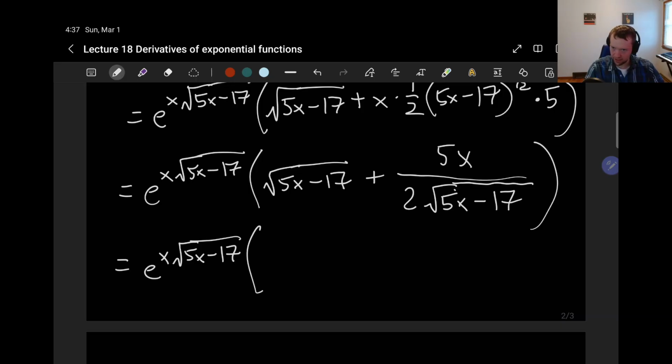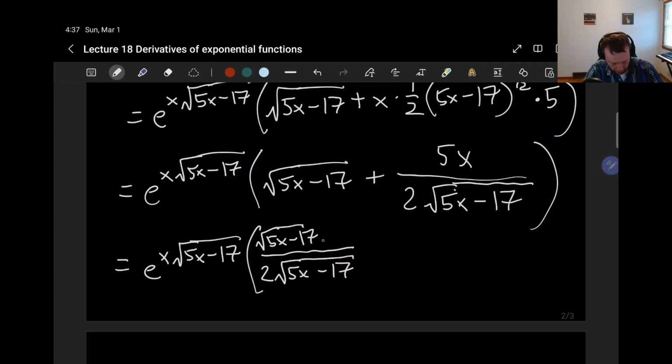In order to bring these things together, I need a common denominator, like I said. Well, our old denominator over here is just 1. I'm dividing by 1. So we'll just introduce this whole other thing. So I had this before, and now I'm multiplying by that new thing I added.